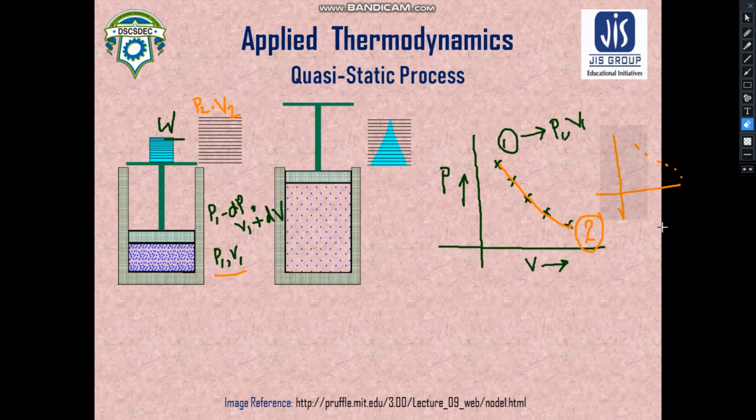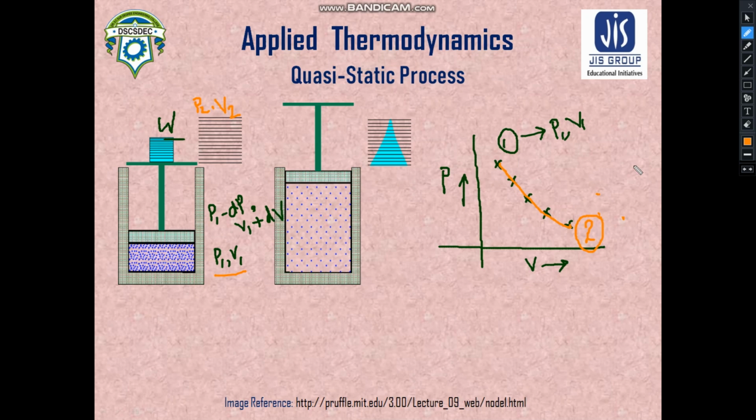The basic understanding which I need to tell you is that any thermodynamic curve which is continuous in nature suggests that it is following the thermodynamic equilibrium constraints, and it is also maintaining a quasi-equilibrium path. So this is the thing I want to mention here.